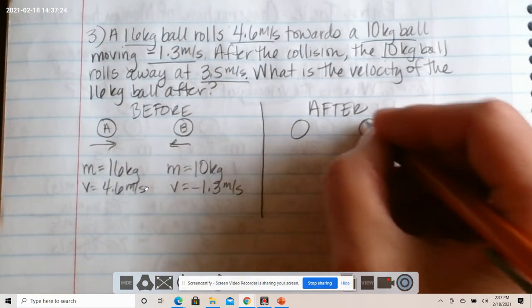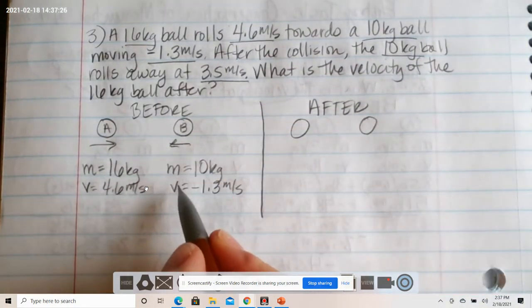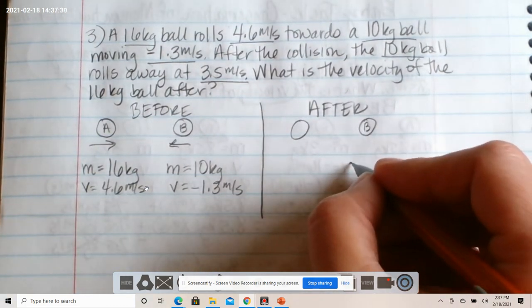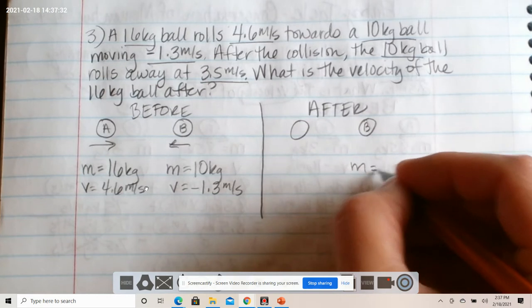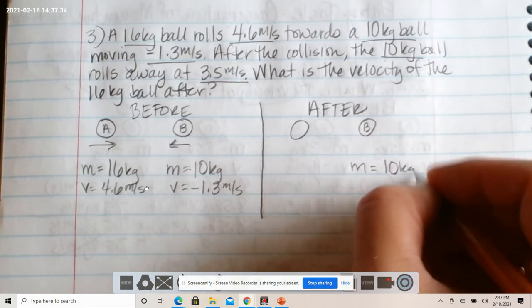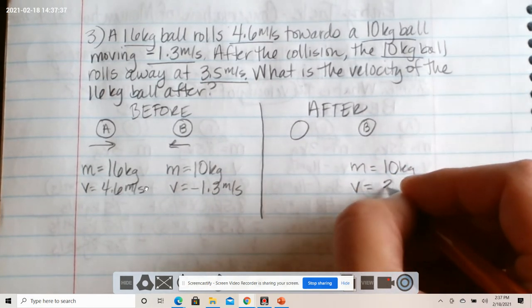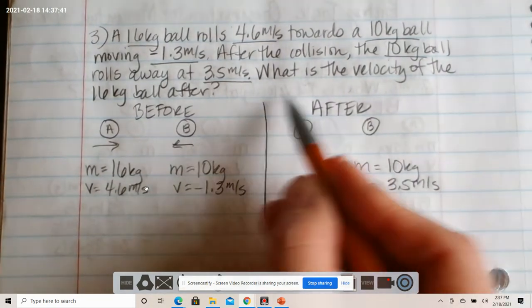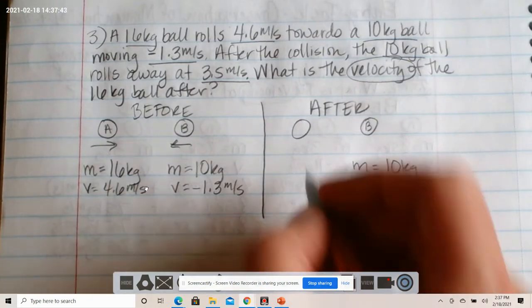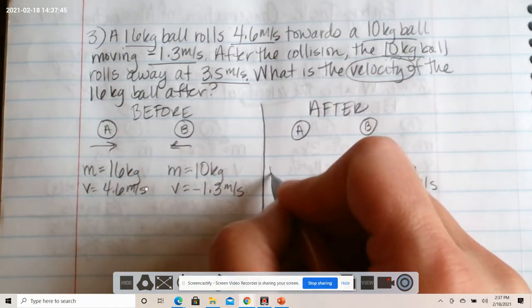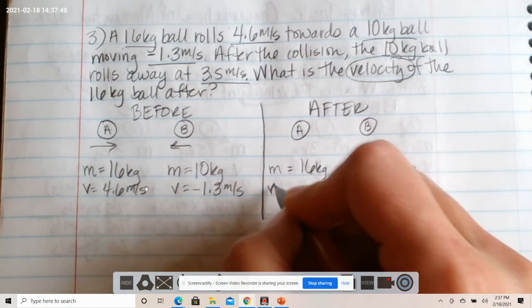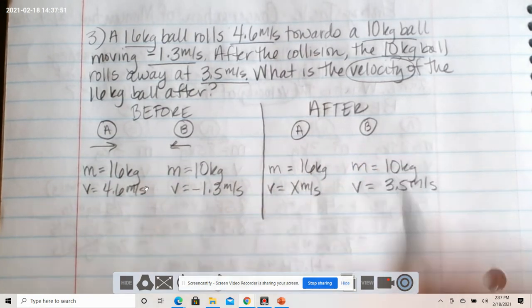So the 10 kilogram ball is ball B, so we already assigned that. So we know that the mass of ball B is still going to stay 10 kilograms, and its velocity is 3.5 meters per second. And what is the velocity of the 16 kilogram ball? Ball A was the one we associated with 16 kilograms. Its velocity is x meters per second, what we're looking for.